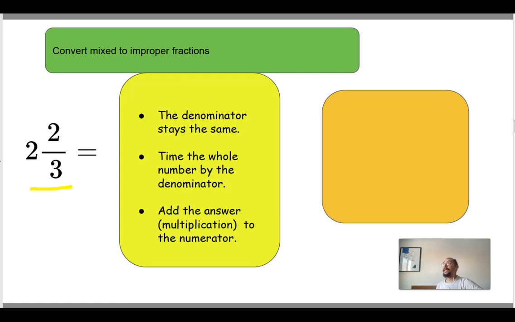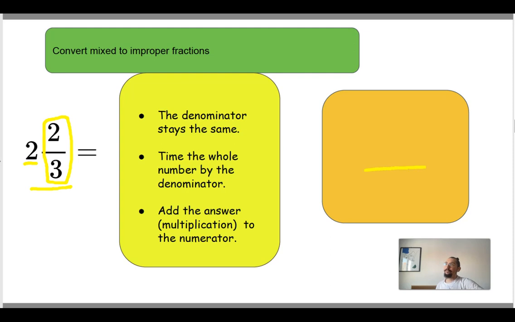I'm going to do the next two, and then you're going to complete the rest by yourself. Again, a mixed fraction has a whole number and a proper fraction. Converting is not difficult if you just stick to the plan.